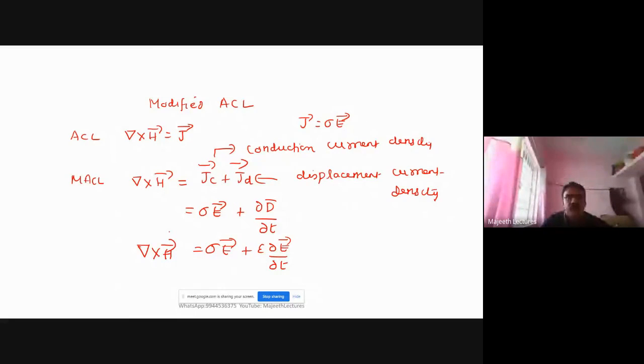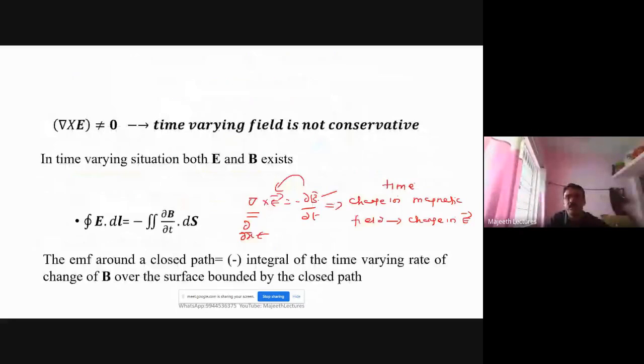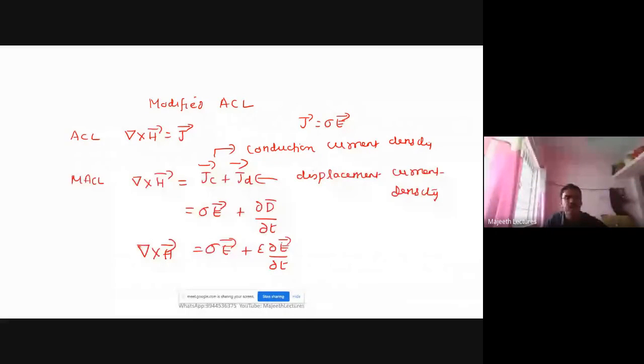Faraday told change in magnetic field will create change in electric field. Cause, effect. Change in magnetic field, change in electric field. Maxwell told change in electric field will create change in magnetic field. Time varying electric field will create change in magnetic field.